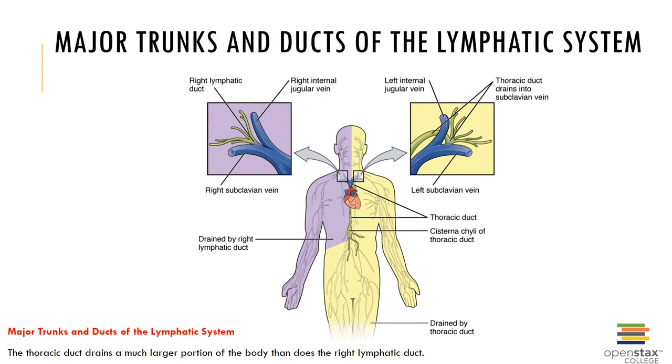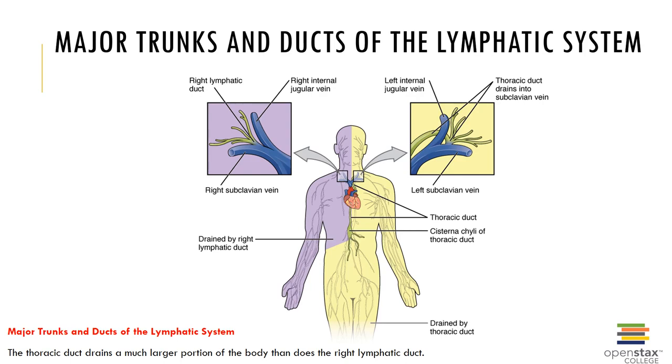Lymph trunks merge to form the two largest lymphatic vessels called the right lymphatic duct and the thoracic duct, which you can see in the figure. The right lymphatic duct forms from the merger of the right jugular trunk, the right subclavian trunk, and the right bronchomediastinal trunk.